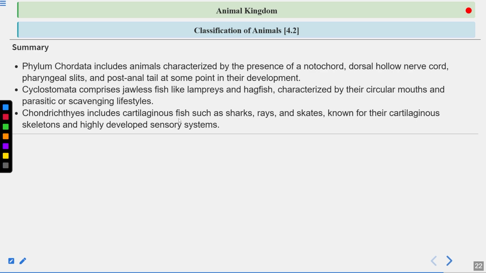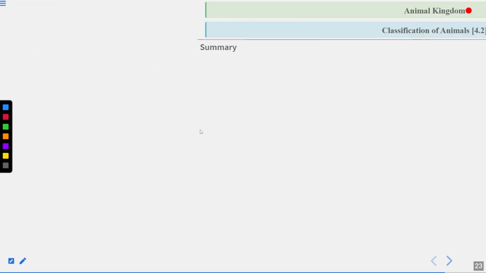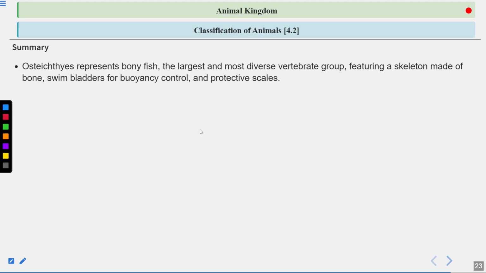Chondrichthyes include the cartilaginous fishes like sharks, rays, and skates, known for their cartilaginous skeleton and highly developed sensory systems. Osteichthyes represent bony fishes, the largest and most diverse vertebrate group, featuring a skeleton made up of bones, a swim bladder for buoyancy control, and protective scales.